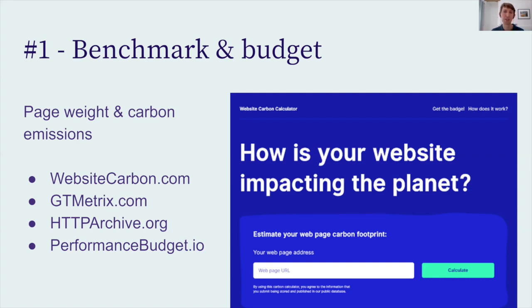So the first thing I always recommend is go and look at some key metrics of your own website. Page weight, as in the size of your web pages in kilobytes or megabytes, is a really good metric.